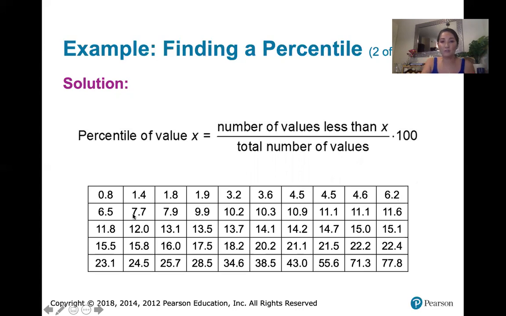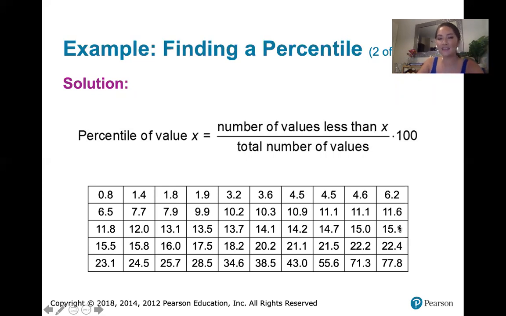Let's count the rows and the columns, and multiply the number of rows by the number of columns to find the total number of values. I've got 1, 2, 3, 4, 5, 6, 7, 8, 9, 10 columns and 5 rows. So 5 times 10 is 50. That tells me I've got 50 values. The total number of values in that denominator is typically denoted by n, and that's 50.